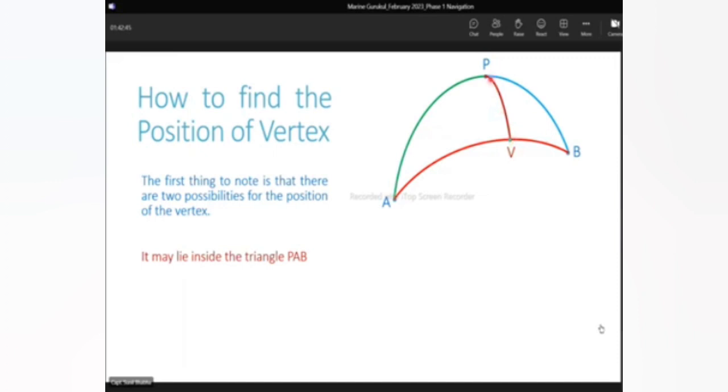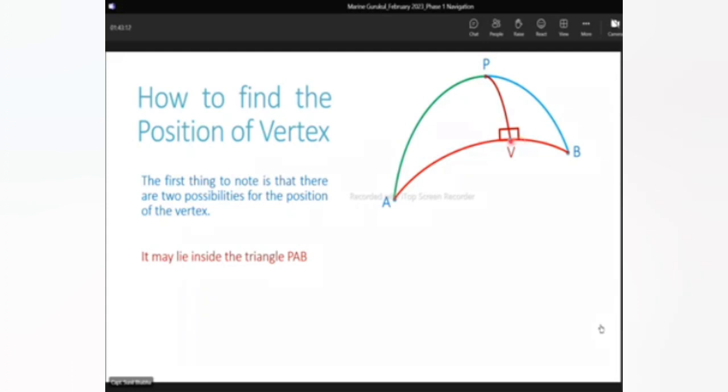One, all the meridians run in north-south directions. And second, at the vertex the great circle track is exactly running in the east-west direction. So with the meridian running north-south and the great circle track running east-west, the angle of cut between these two has to be 90 degrees.